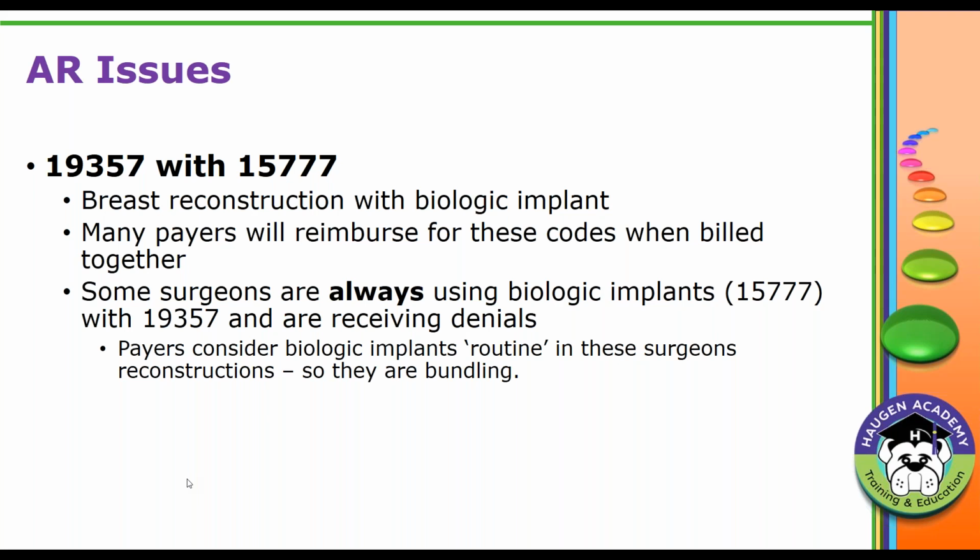This is probably a code pair to watch for to be bundled in the future, since we know that Medicare and other payers analyze which codes are often being billed together, and if they're always being billed together, then likely they can get bundled at some point.